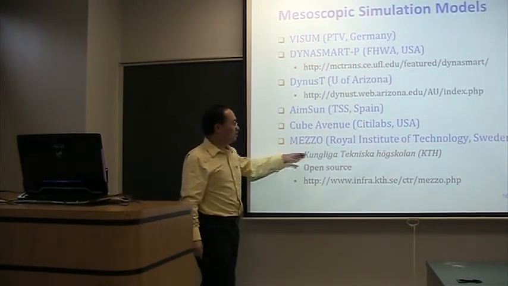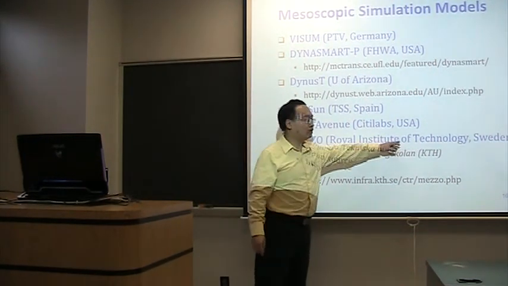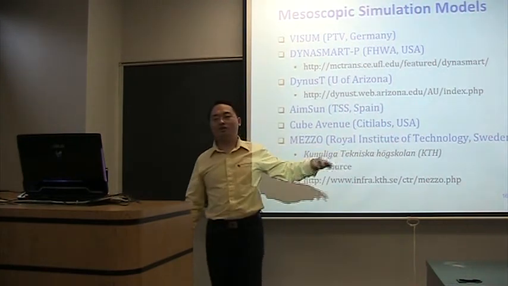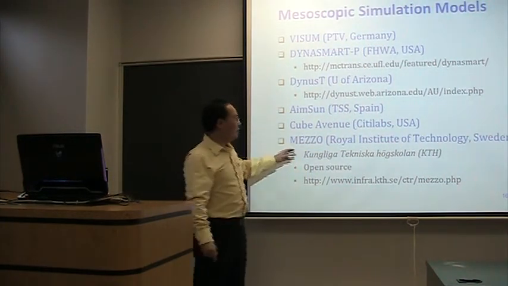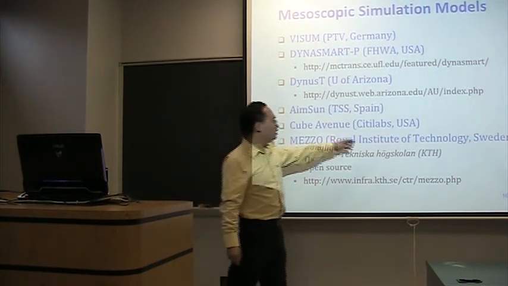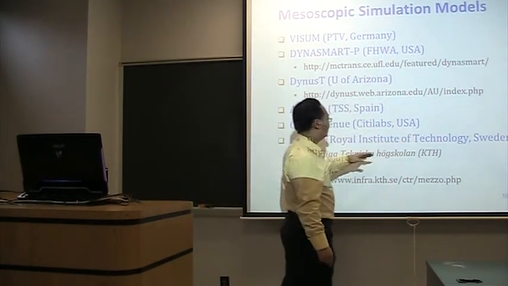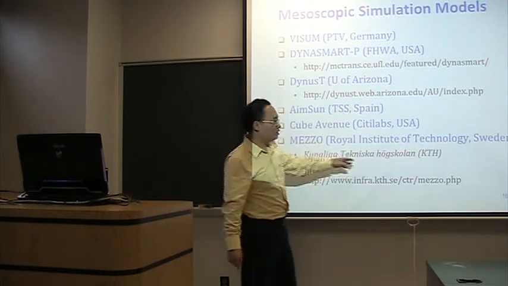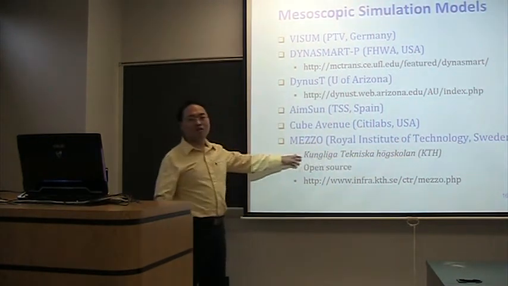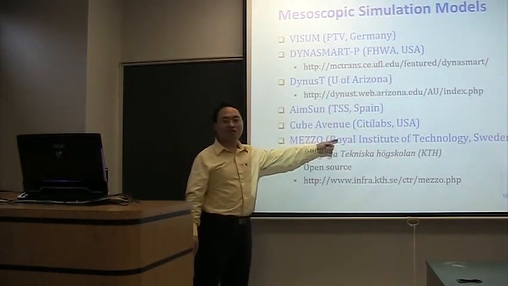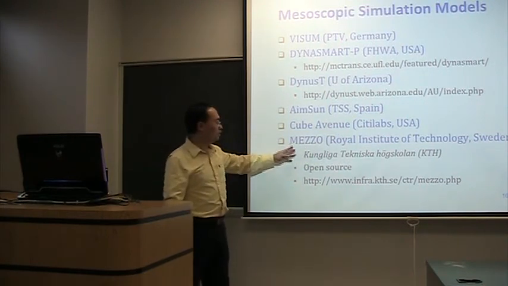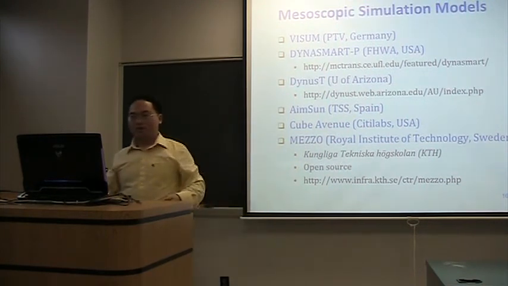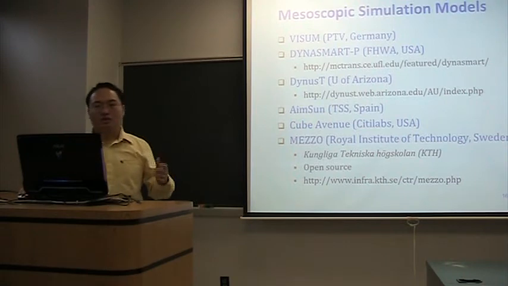Another important thing is this institute, Royal Institute of Technology, actually is very famous in the field of transportation. And you have to know that its acronym is KTH because it's Swedish. Okay, so KTH means this institute in Sweden. Here are some models you can choose for mesoscopic.